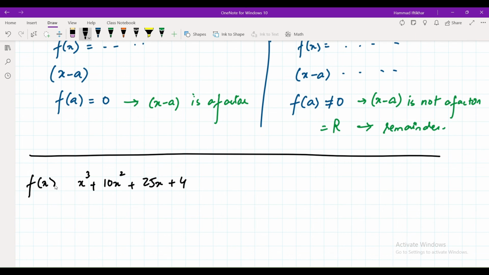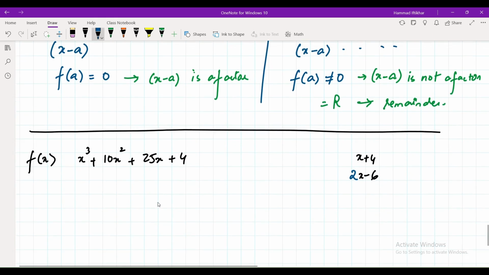Let's say this is our f of x, and we are given 2 expressions to test it with, x plus 4 and, let's go with 2x minus 6, for example, just to play around with what needs to be done over here.